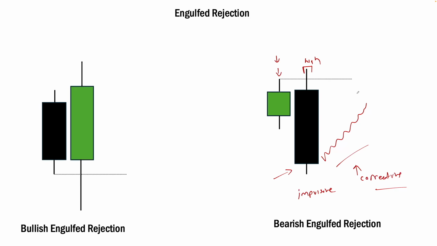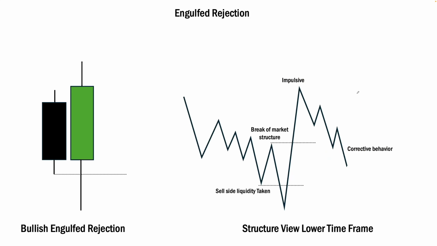Let me show you how the market is likely to look in the lower time frame. For this candlestick formation, you will see that this low here will be this low, and this high here will be this high.